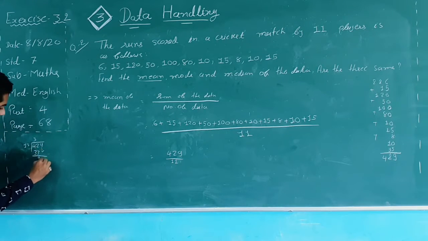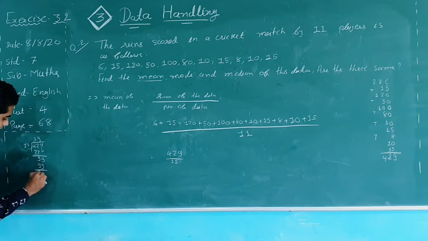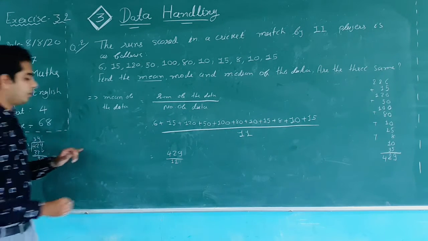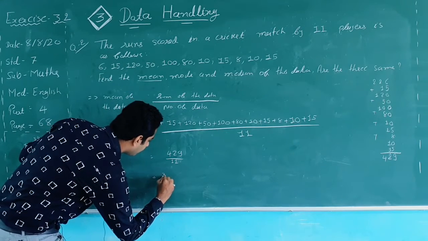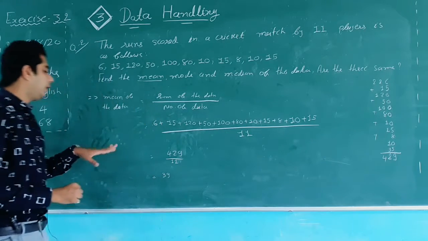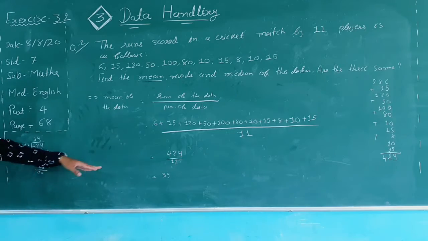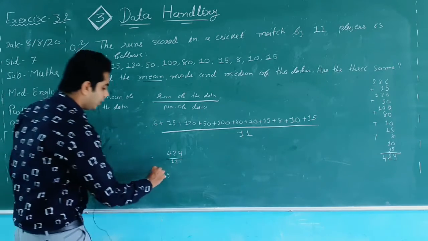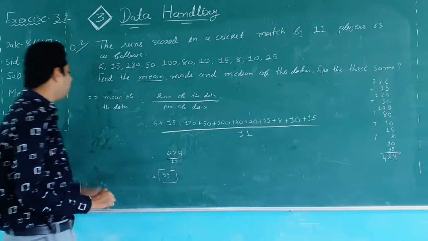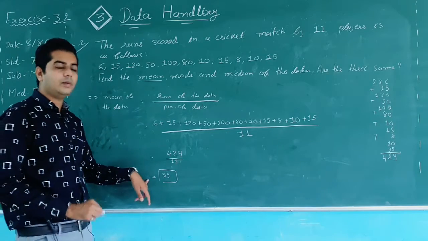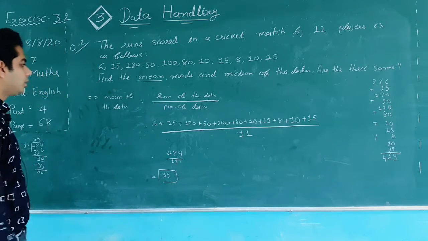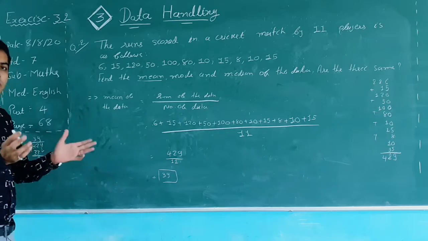Now put down the 9. Now 11 9s are 99. The remainder is 0. So 429 can be divided by 11 and gives 39. This is the mean of the data. So mean of the data is 39. So here we found the first answer.